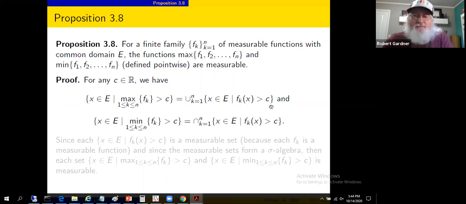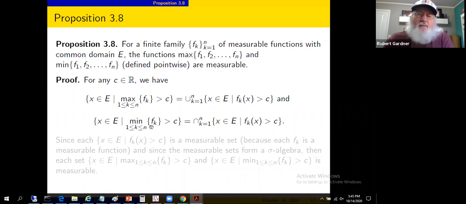Think of it like this. If we've got x values where one of the functions is greater than c, then the maximum will certainly be greater than c. So if any of these is greater than c, then the maximum one is certainly greater than c. Maybe interpret it like that.